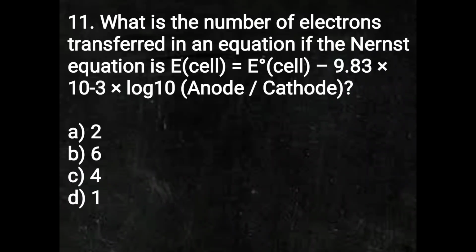What is the number of electrons transferred in an equation if the Nernst equation is this? Here you have to find the number of electrons, and option B, that is 6, is the right option.